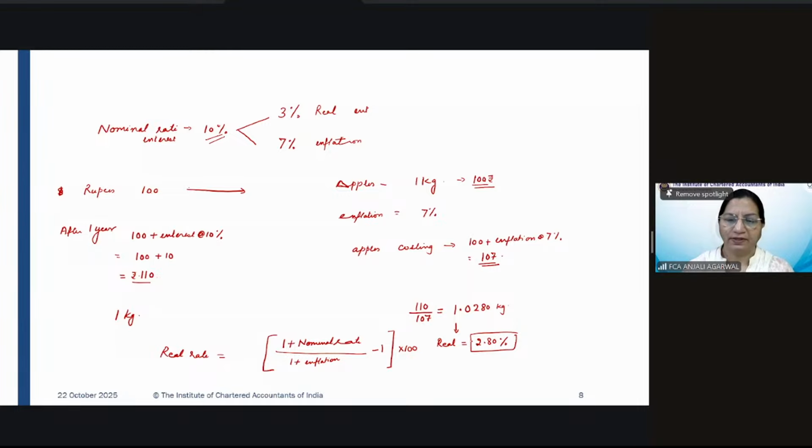So now let's once again recap the three theorems which we have done. The first one is the interest rate parity, which talks about the exchange rate fluctuations because of the difference in interest rates in the two countries. The country which has a lower interest rate, that currency would be at a premium. The second was the purchasing power parity.